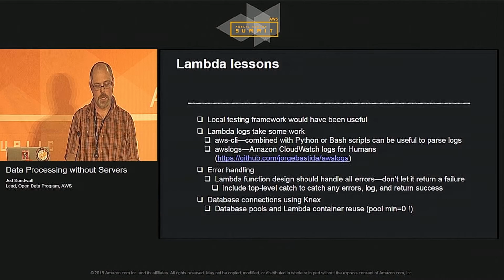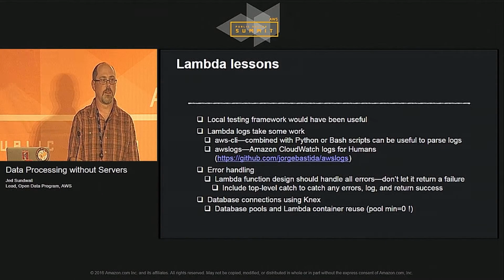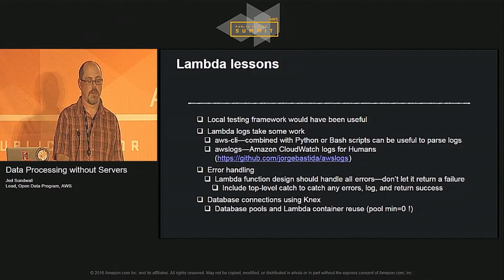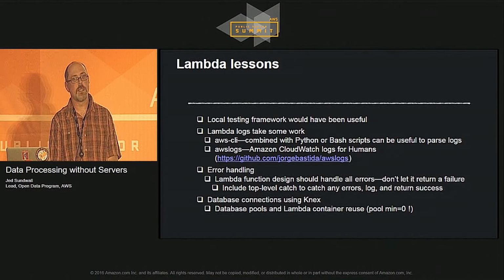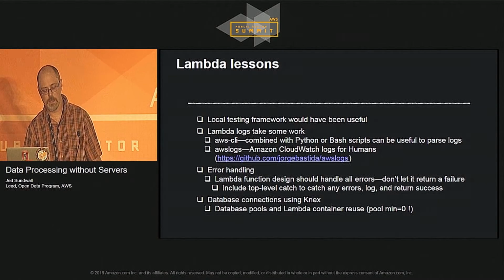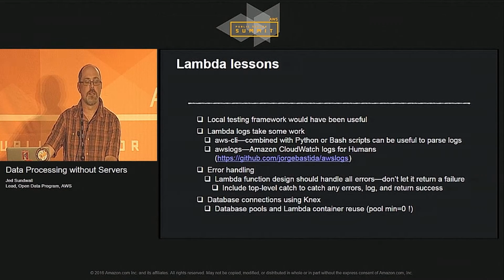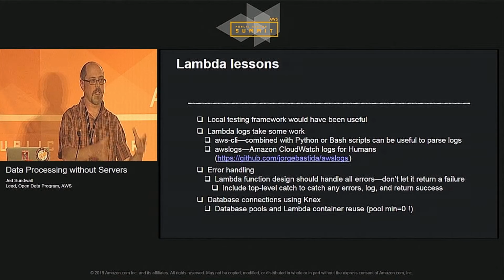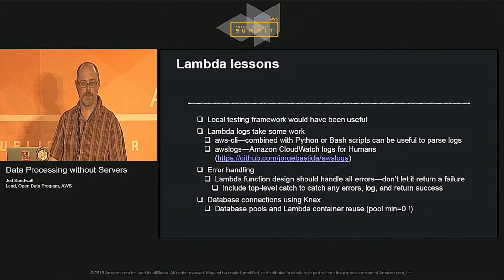Another issue that we ran into was database connections using connects in Node with Lambda. I'm not sure of the specifics of the Lambda container reuse, but with Lambda functions there's a container that's running a Lambda function, and that container is reused over time.